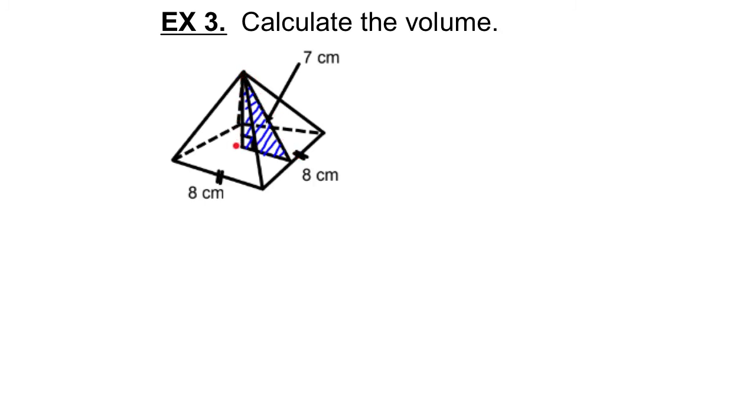The height of the pyramid is actually from the center of the base perpendicular up to the top point. So I need that value in order to figure out the volume of the pyramid. So see if you can use a similar method to the previous example to solve this problem. Pause the video, try it, and then check back in to see how you did.